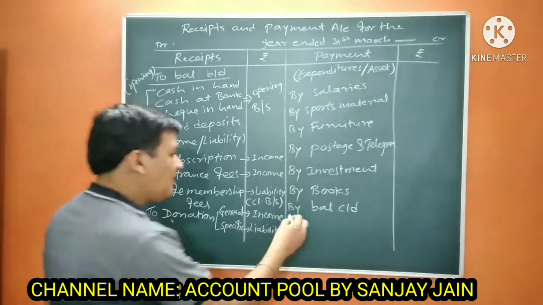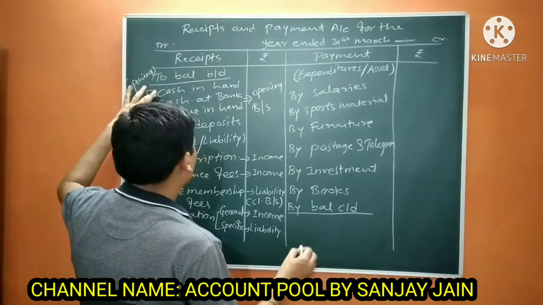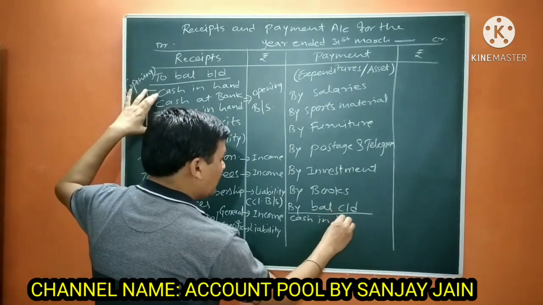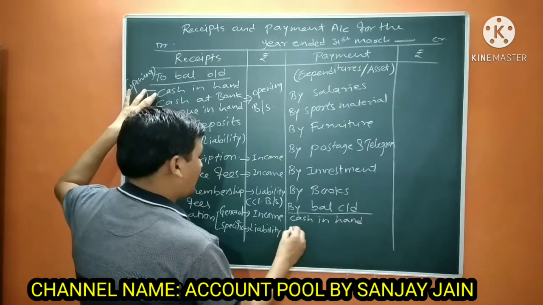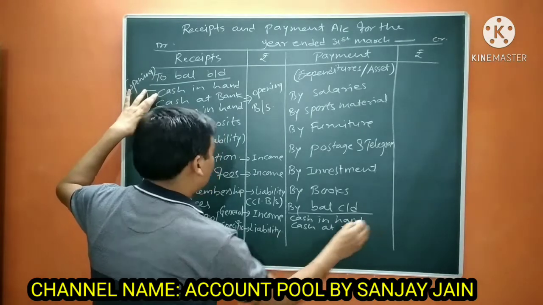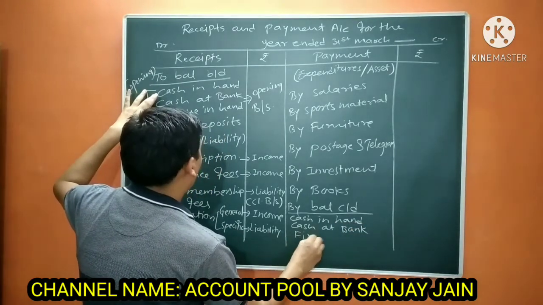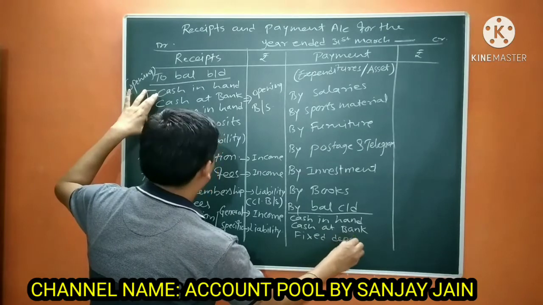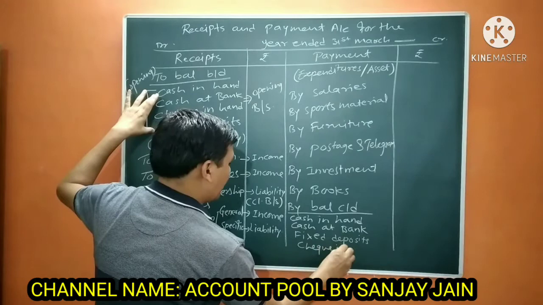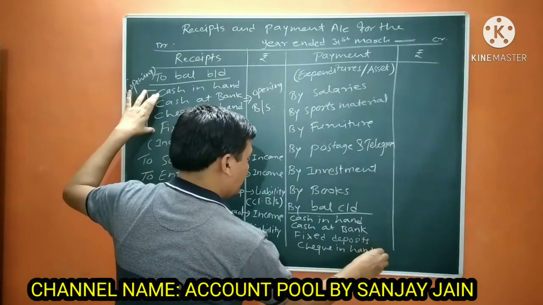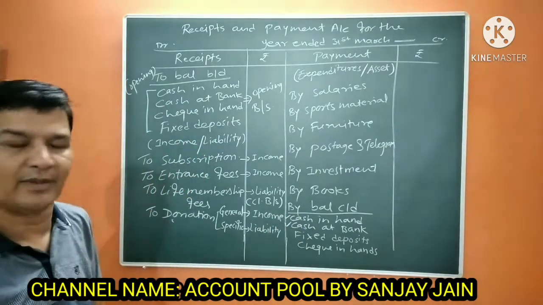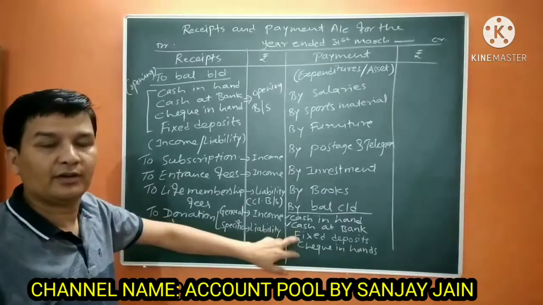Okay, balances include all these items. You may get any one out of it, or 2 or 3. It depends on the question. Cash in bank, fixed deposits, or checking account. Okay, these are the balances you may have. Now, generally we have only these 2 items on a regular basis, but these may be the balances.